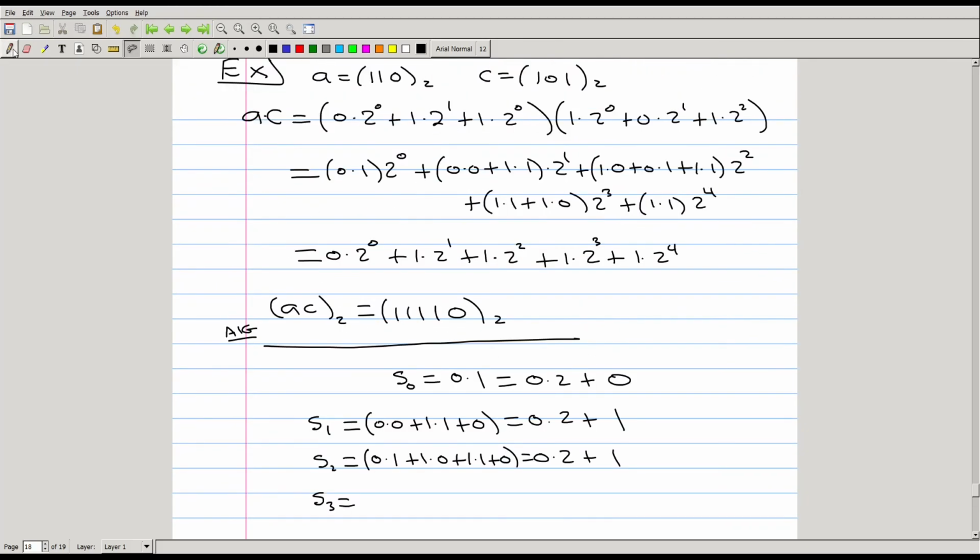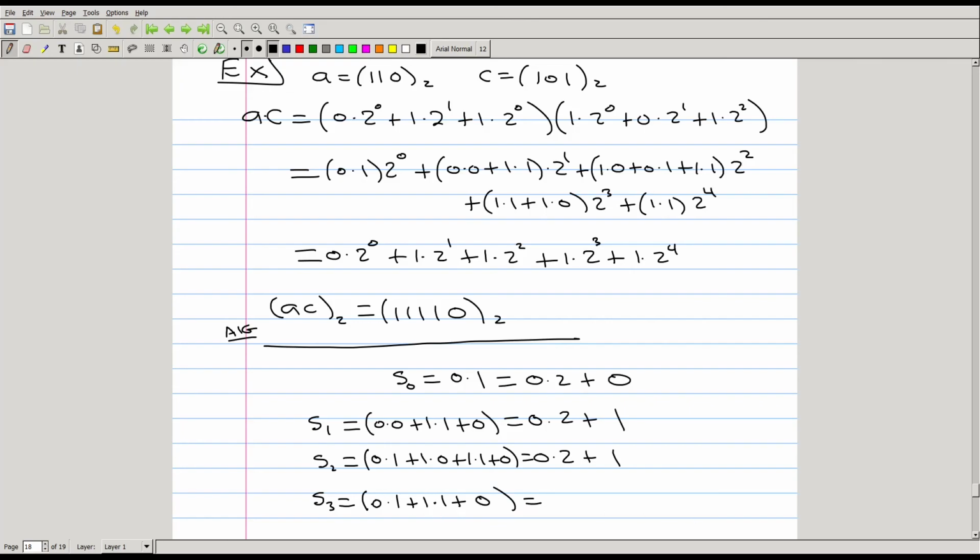S3 is going to be the 0th term in A times the 3rd term in C, 0 times 1, the 3rd term in A times the 1st term in C, which is 1 times 1, and then plus the holdover, the carryover from this operation right here, which is 0.